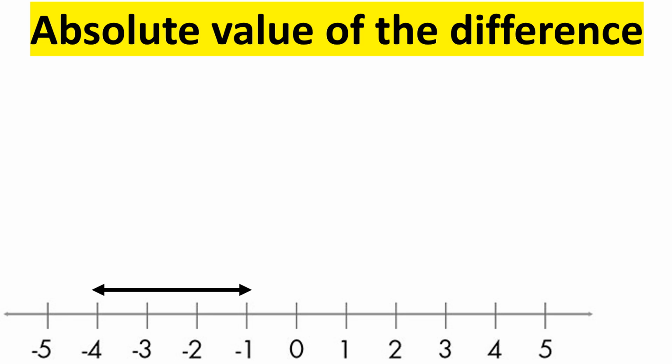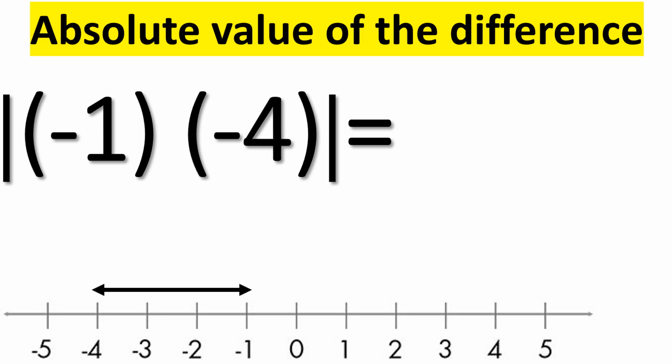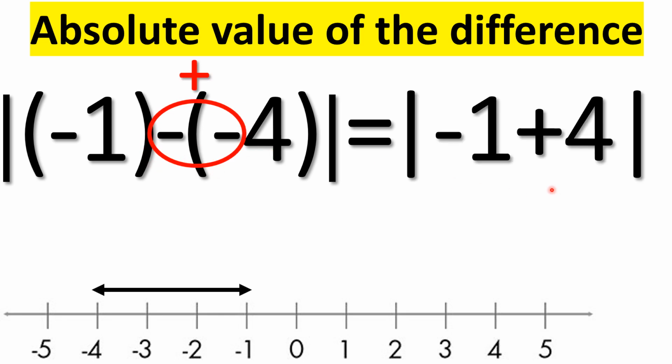Anyway, now prepare the absolute value, put the numbers inside, put the subtraction operator. When you have two negative numbers, if you want, put the bigger number next to this one, so it's easy for you to find the solution. Now when you replace these two negatives by the positive, you will get inside the absolute value -1 plus 4.